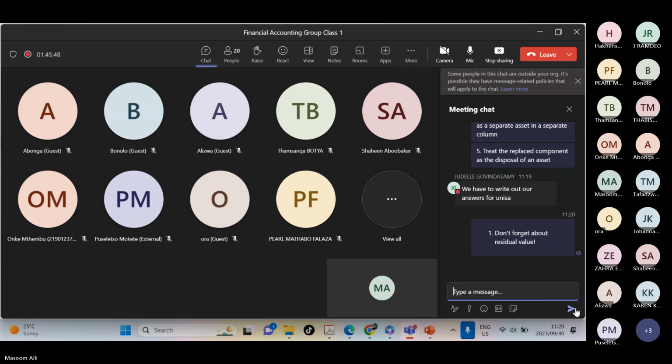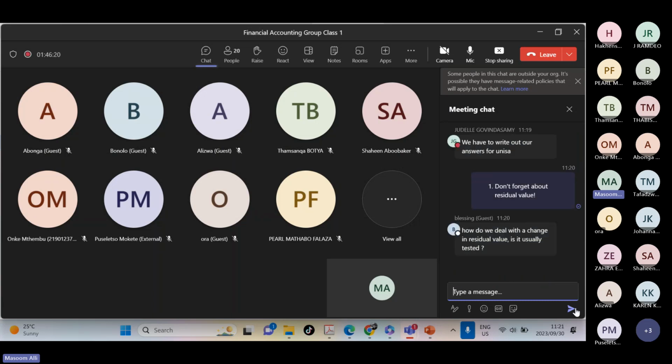Sometimes it's 1 mark that just goes on this and you're losing it. If there's 2 or 3, it's easy marks, right? So whenever you have your assets, just make sure that you take your residual value into account. Obviously, under exam pressure things can happen where you forget this, but please remember to always take your residual value into account. These things are getting overlooked by so many, and it's a nightmare.